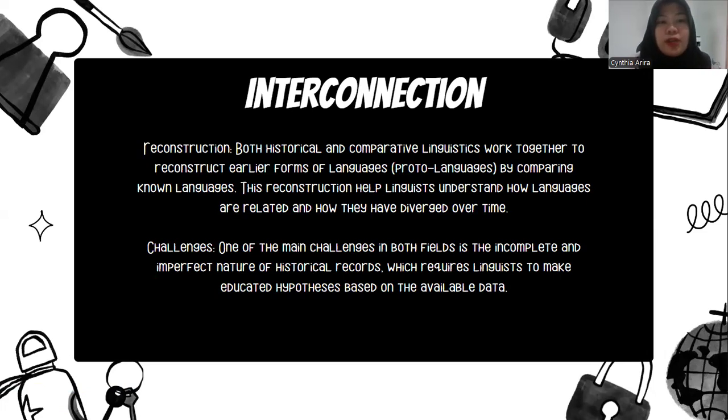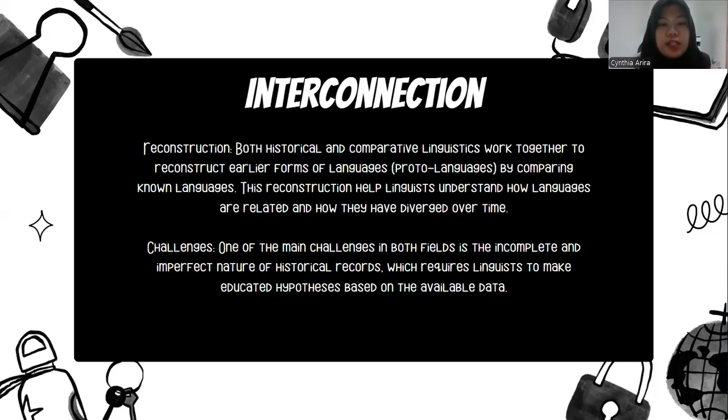This reconstruction helps linguists understand how languages are related and how they have diverged over time. And by comparing languages, linguists can figure out what this other language might have looked like.